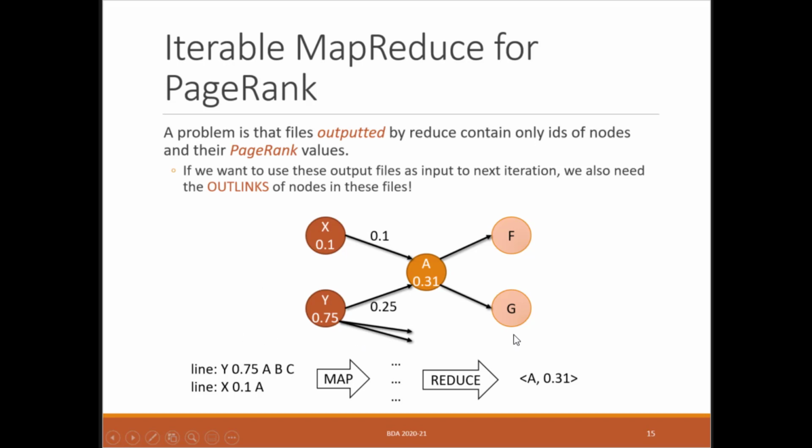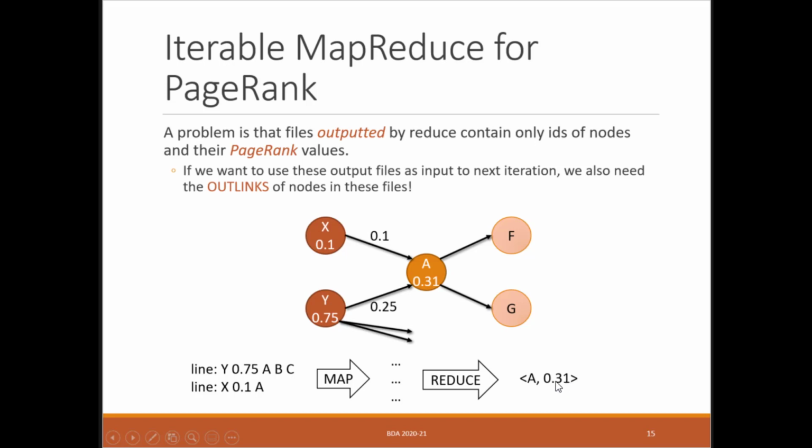Here, we have the input and output values for one iteration of our MapReduce PageRank. As presented here, the input is a set of lines, where each line includes a node ID, its current rank, and its outlink nodes. On the other hand, we have the output file for the iteration, which is a set of lines. Each line includes a node ID and its rank.